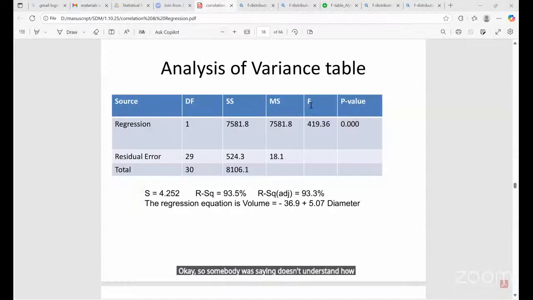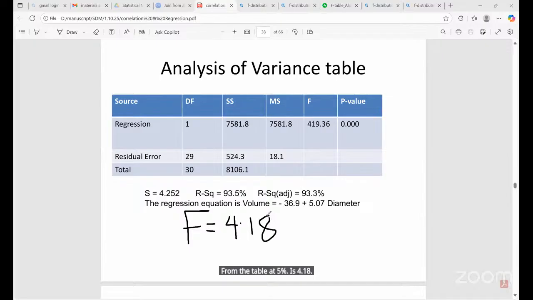Okay. So somebody was saying they don't understand how F is interpreted. Now we remember that what we've gotten from our statistical table, F from the table at 5% is 4.18. Now, when the calculated F value is greater than the tabulated F value, we have evidence to reject the null.